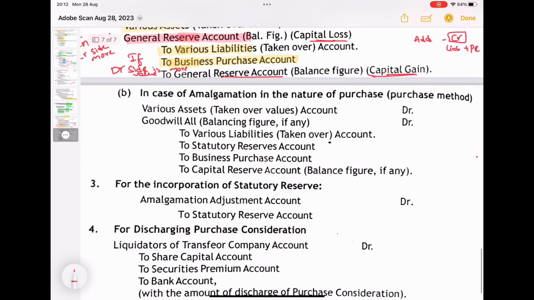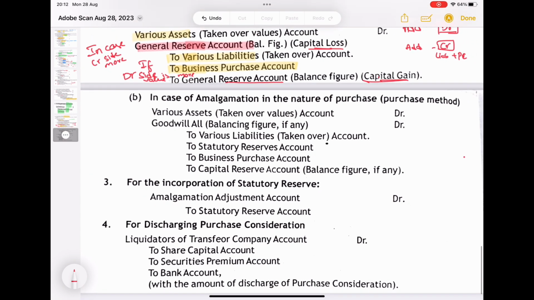So final entries. In case of amalgamation in the nature of purchase method, we have two methods. I will explain that. So various assets taken, same entries, no other further.